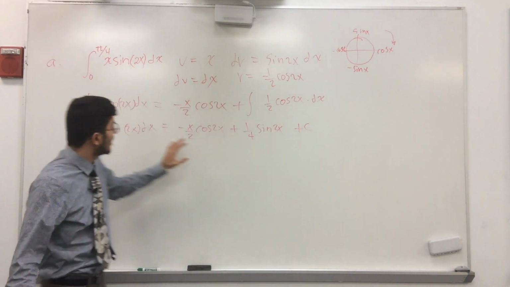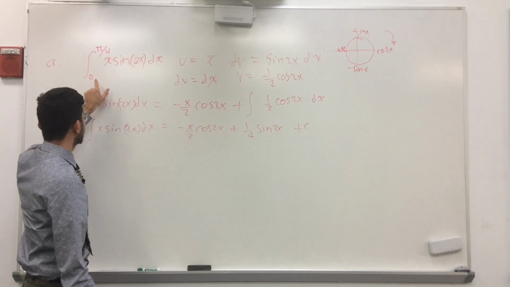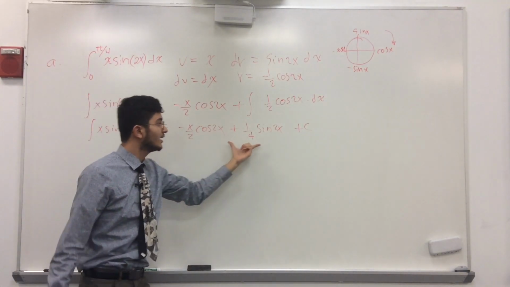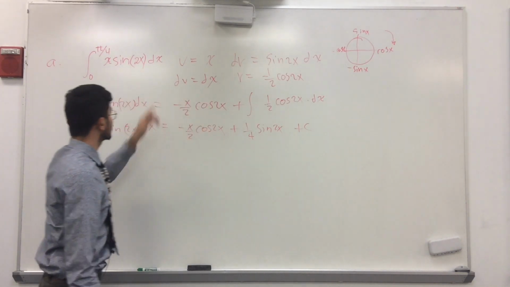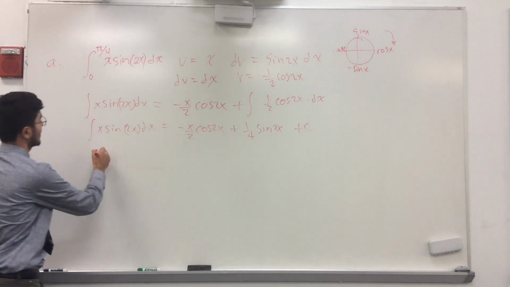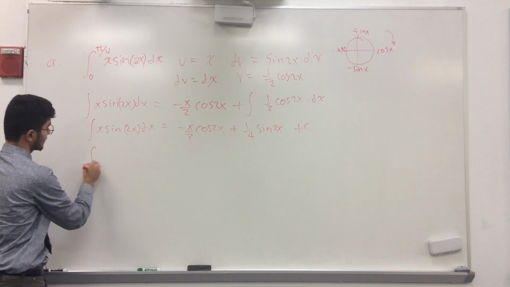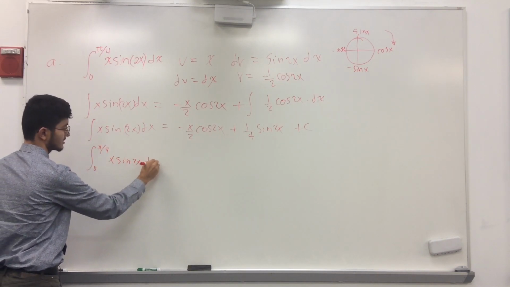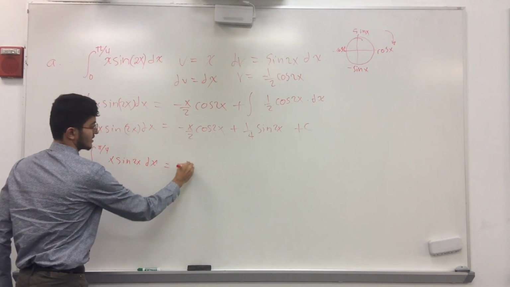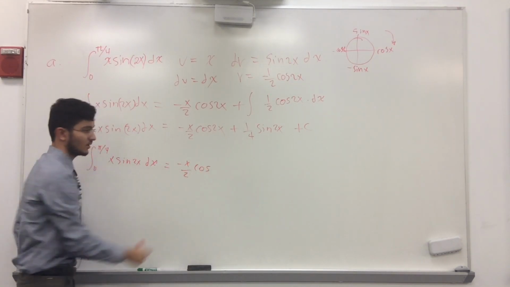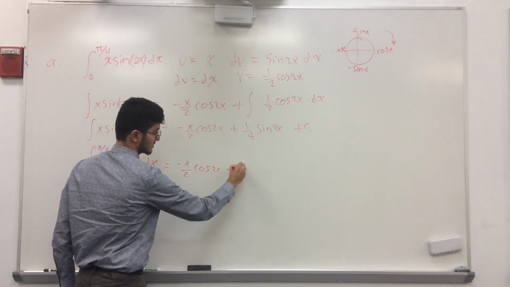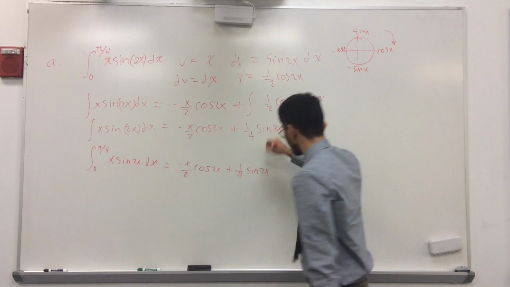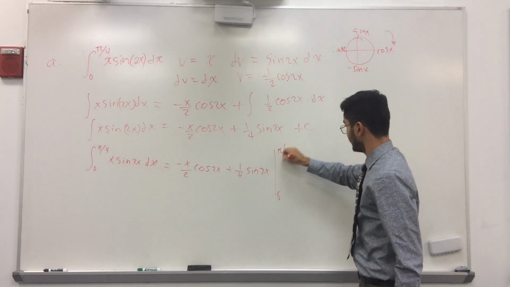But of course, we're going to find the definite integral from 0 to pi over 4. So all we have to do is take this antiderivative and plug in the lower and upper limits. So the integral from 0 to pi over 4 of x sine of 2x dx is negative x over 2 cosine of 2x plus 1/4 sine 2x, all going from 0 to pi over 4.